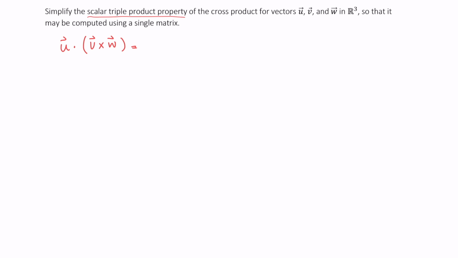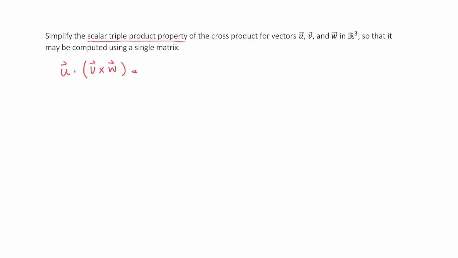Before I do that, for any vector, say vector A, I'm going to write this as A1, A2, A3. So for any of these vectors, I'm going to write their components with subscripts. I'm going to do that for u, v, and w.